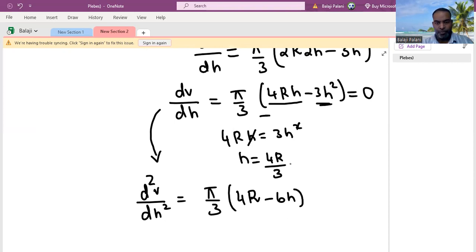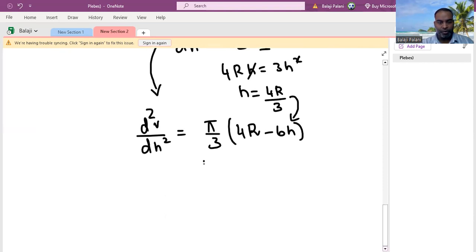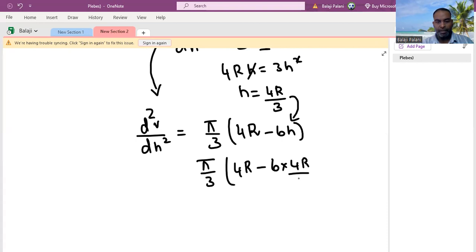Now what are we supposed to do? Replace h by 4r by 3, which we just got by equating it to 0 in the first order derivative. So if you replace that, pi by 3 into (4r minus 6 into 4r by 3). The value of h is 4r by 3. I'm just putting it here in place of h. So on solving this, I get pi by 3 into (4r minus 8r).